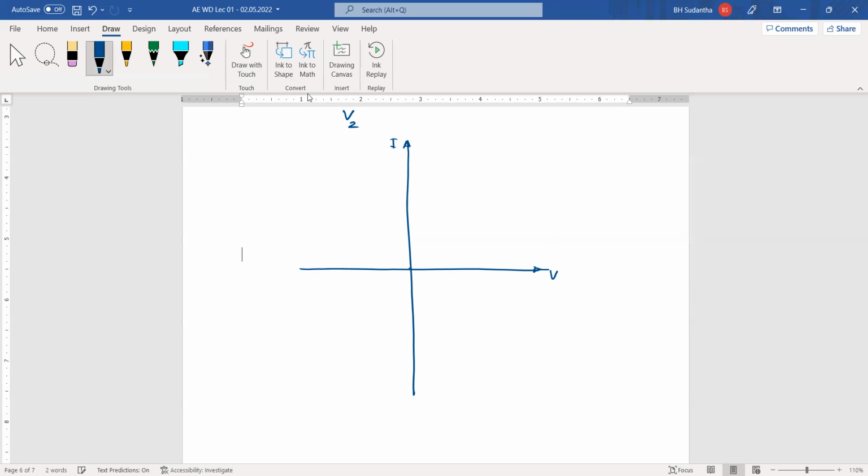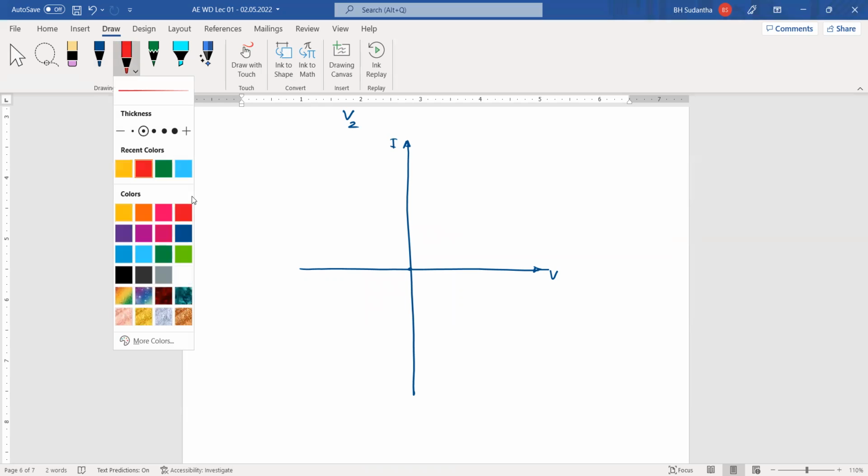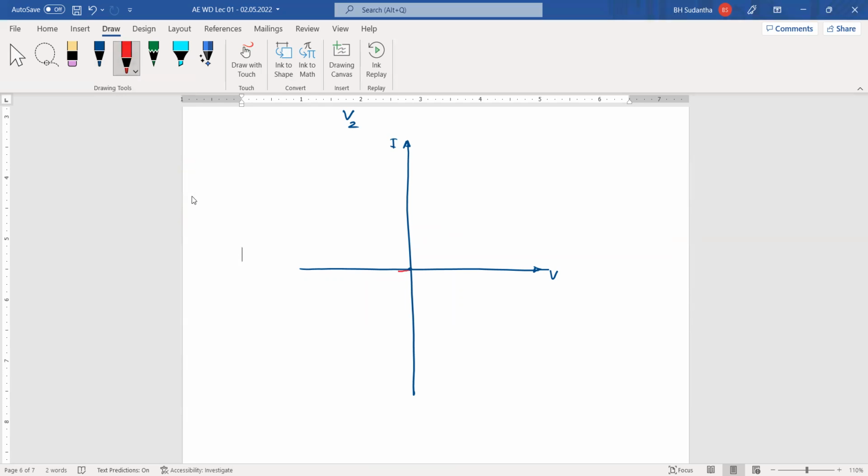Now we apply voltage in the negative direction, the reverse direction. Because of that, you can see there is no current. In the previous case, when you apply this voltage here, it will be increased like this.